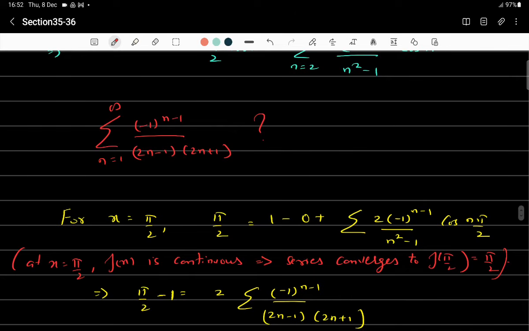So now cos n pi by 2. It means that when n is 1, it is cos pi by 2, which is 0. When n is 2, it is minus 1. For 3, it is 0. For n is equal to 4, it is 1. So 0, minus 1, 0, 1. So it means that for the values 2n, which means 2, 4, 6, 8, the values are minus 1, 1, and for the rest it is 0.